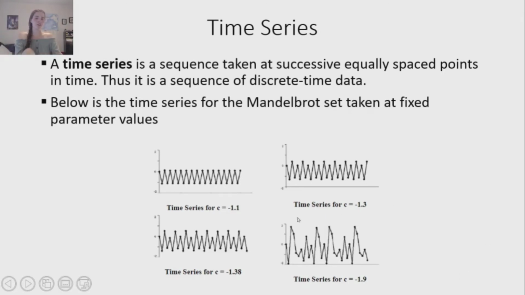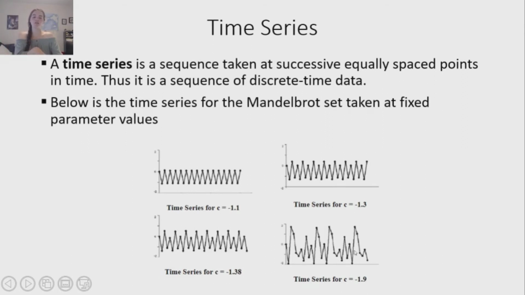In the equation that defines the Mandelbrot set, for a C value of negative 1.1, it's very patterned. This isn't chaotic at all. It's got a clear pattern. Same here for C equals negative 1.3, and then we're decreasing it by a small increment, and we still have a pattern. And then for some reason at C equals negative 1.9, we get chaos.